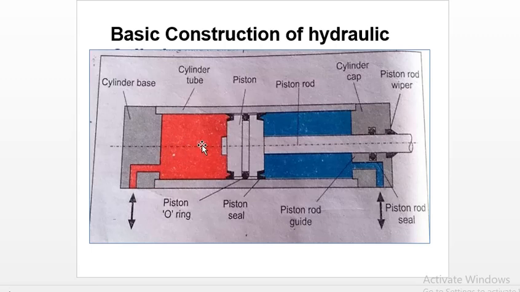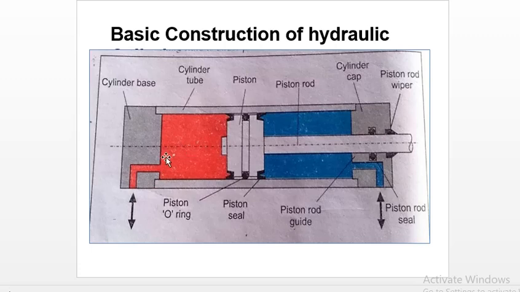So here we can say that this is called a differential piston or differential actuator. In that case the area is not the same on both sides. And why it is called double acting: both sides of the piston are used for extracting the energy from the fluid.